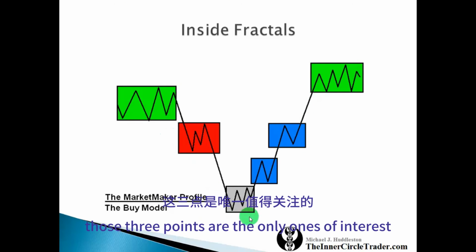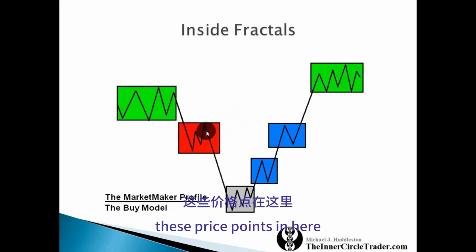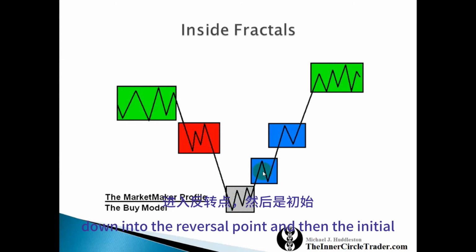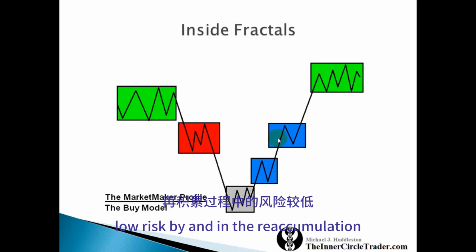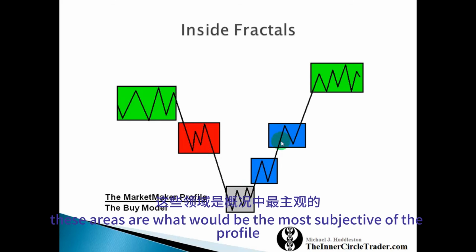Those three points are the only ones of interest that are always the case for formation. These price points in here, the move from this secondary lower consolidation down into the reversal point, and then the initial low risk buy, and then the reaccumulation in here, these areas are what would be the most subjective of the profile.